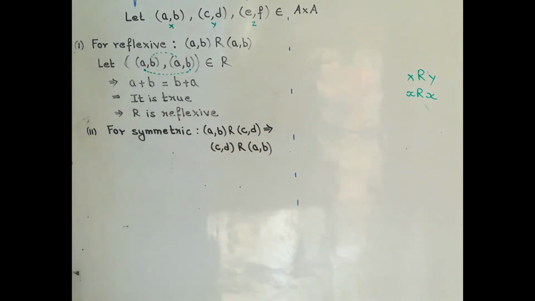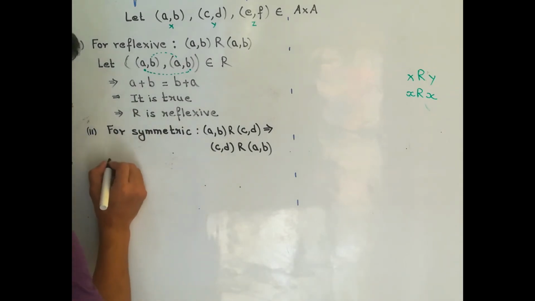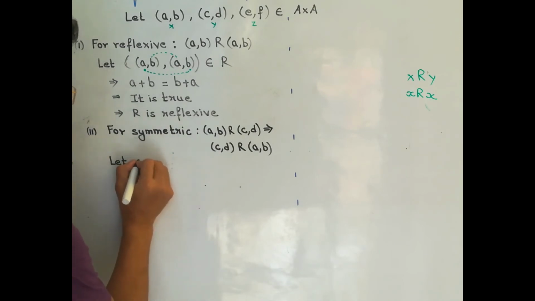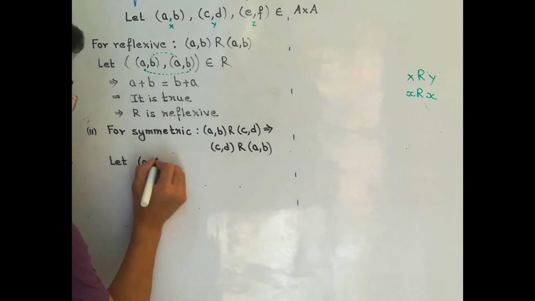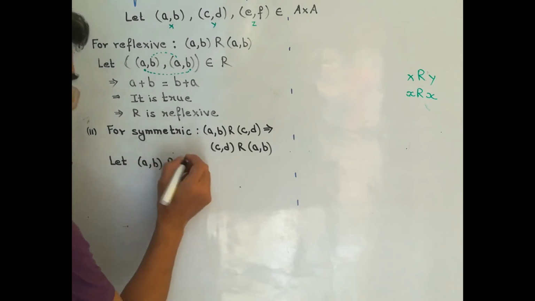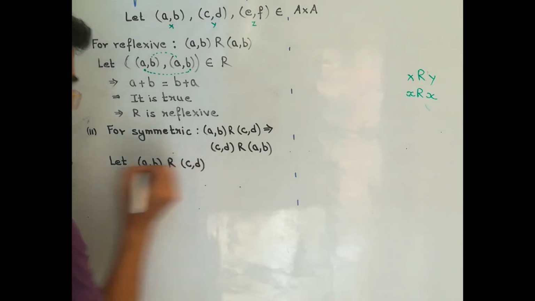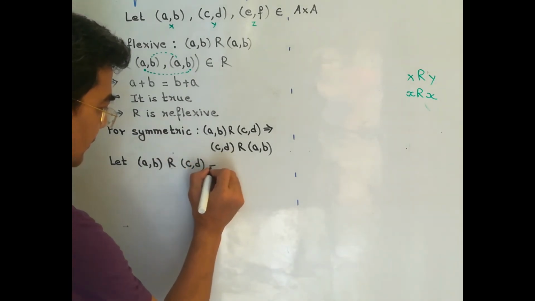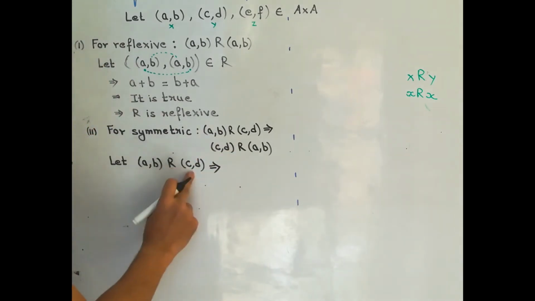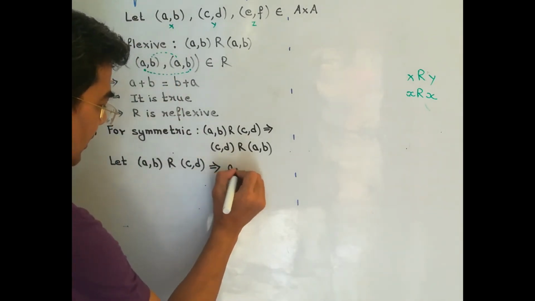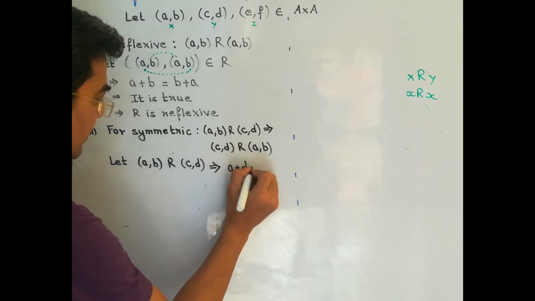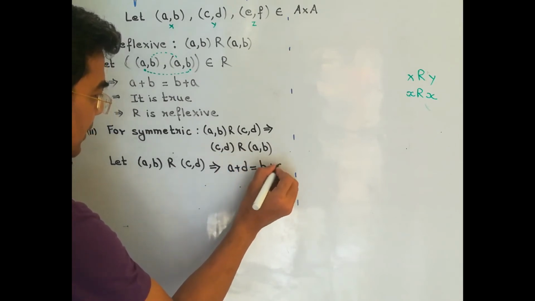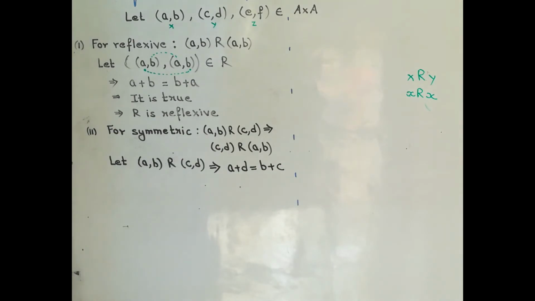For that, let a comma b, that is x, be related to y. Let this be true, which implies the relation a plus d is equal to b plus c.